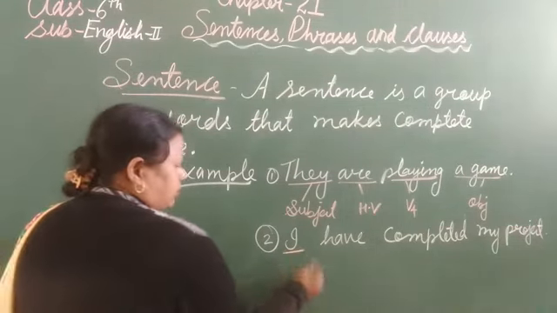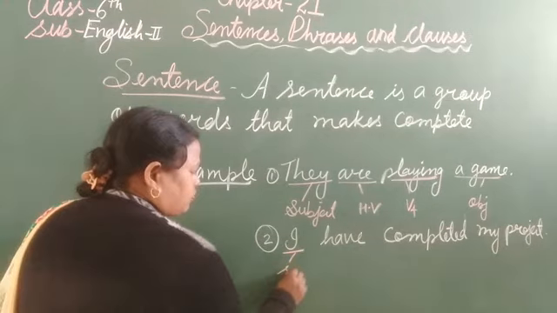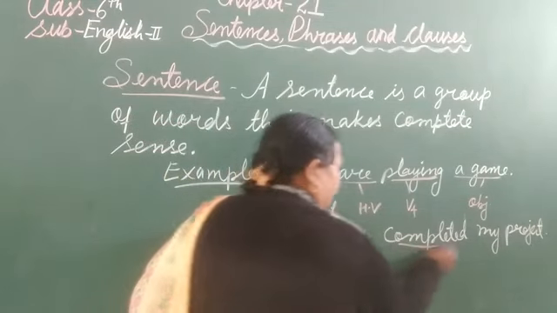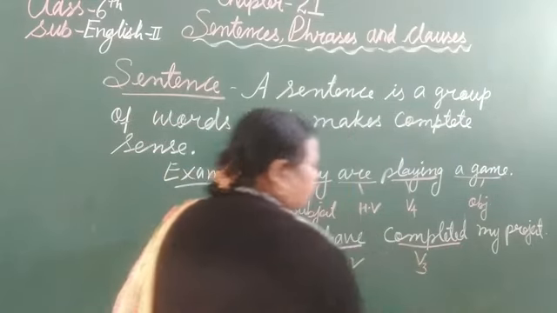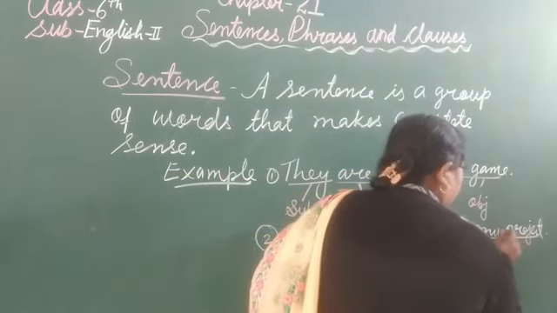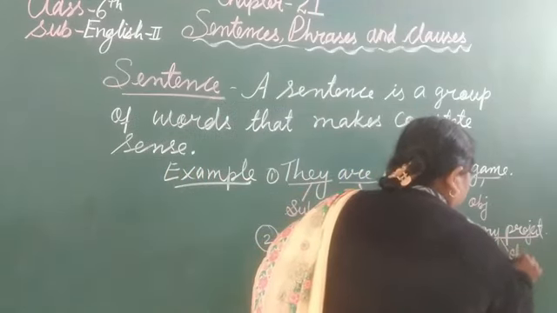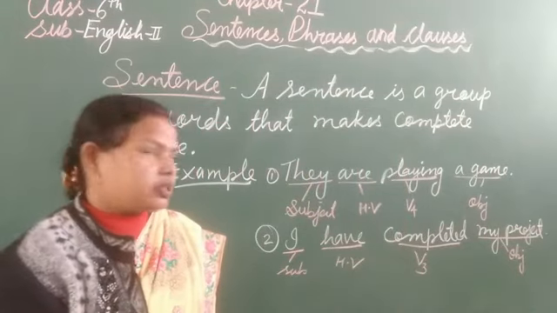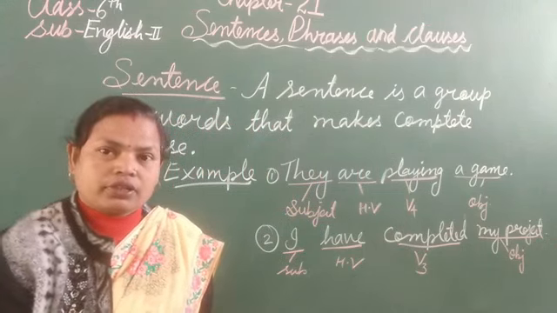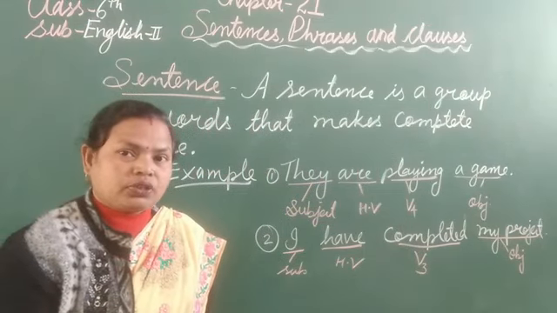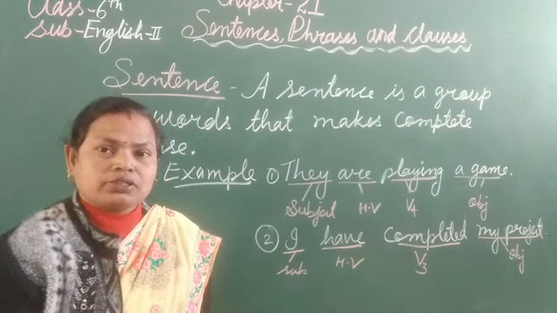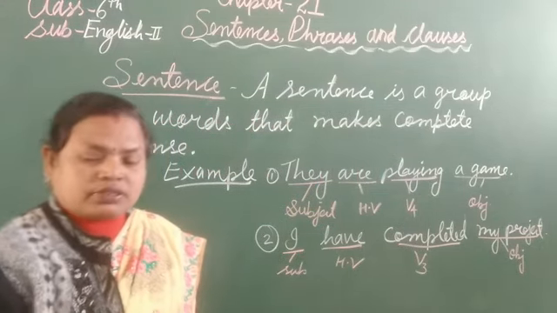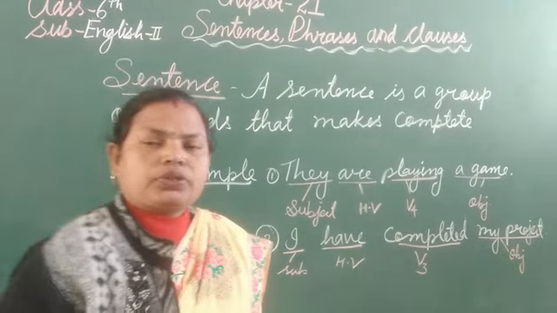Here, I is the subject, have is the helping verb, completed is the third form of a verb. My project is the object. The word my is an indirect object and project is a direct object. So I hope it is clear to all of you about the sentence. A sentence is a group of words that have complete sense.